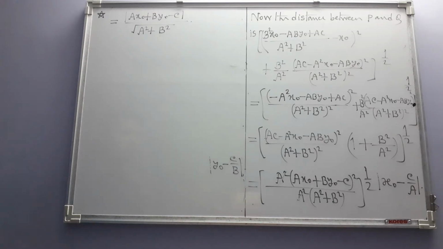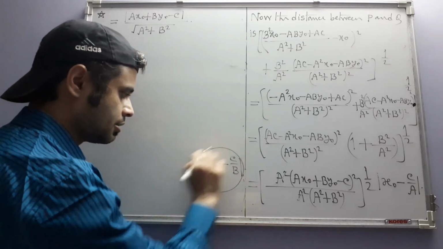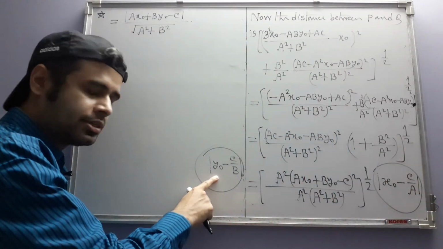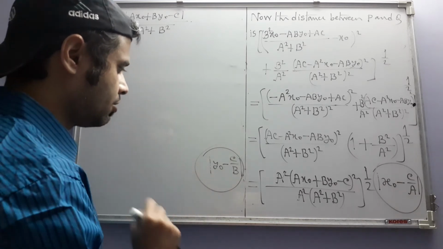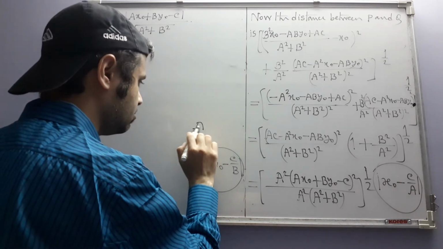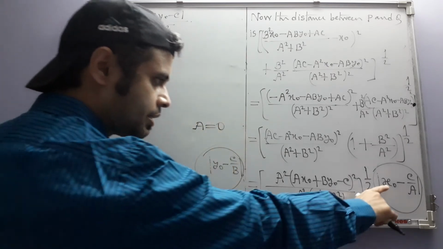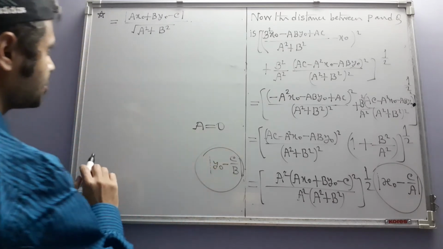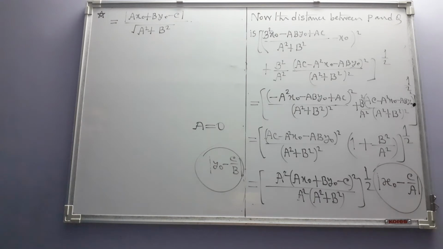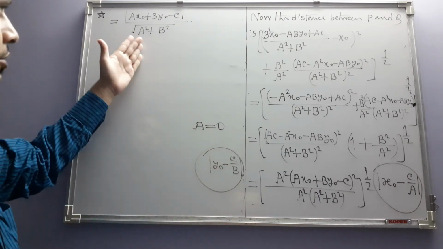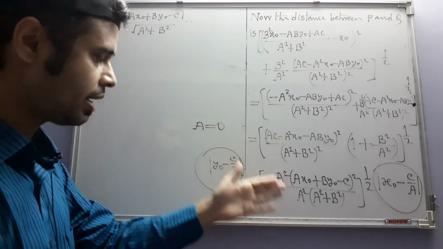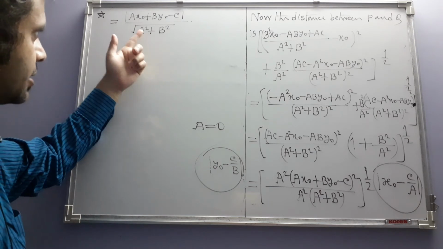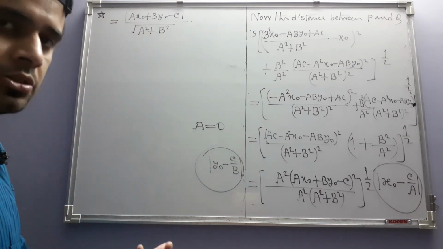Okay. Now what happens to these special cases? This is the distance between P and Q when a is 0, and this is the distance between P and Q when b is 0 and hence a is non-zero. Now what happens if we put a equal to 0 here? We know we cannot put a equal to 0 here, because the way we have derived this formula for the distance, our assumption is that a is non-zero, b is also non-zero.